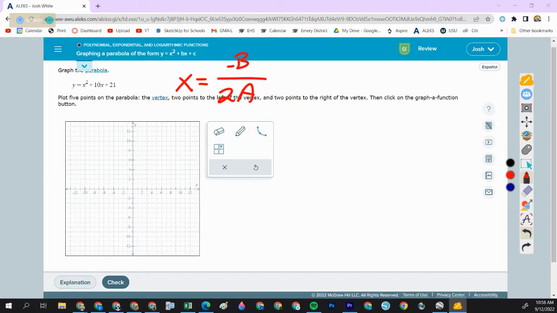If that looks like it came from the quadratic formula, it's because it did. So in this case, a is 1, b is 10, and c is 21. So I just plug those into my vertex formula, and I get negative 10 over 2 times 1 is negative 5. That is the x portion of the vertex.